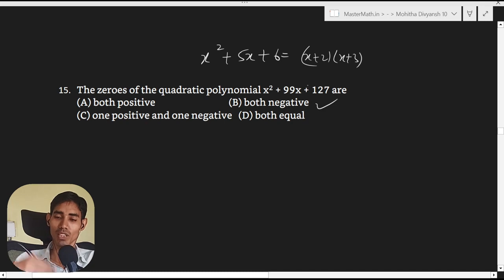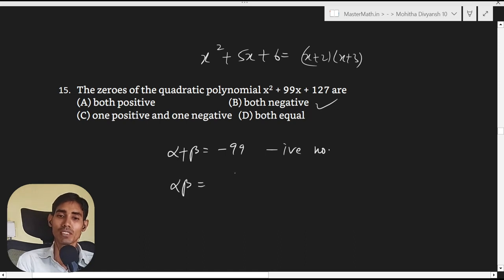We did this question, so both are negative. But in general, another concept that would be helpful in the next questions is this: the sum of 2 zeros is negative 99 by 1, which is a negative number. And the product of these is a positive number.